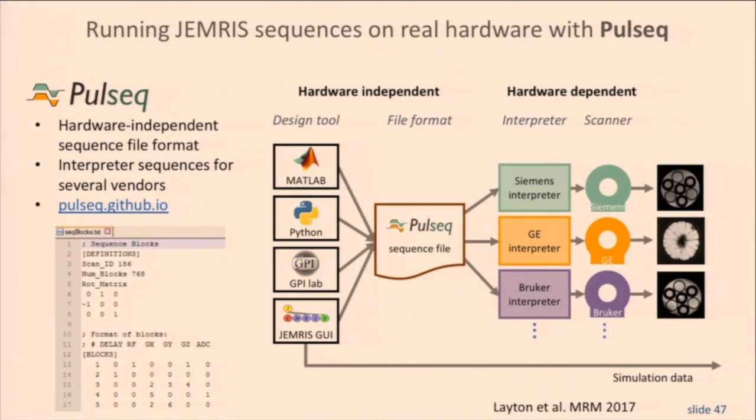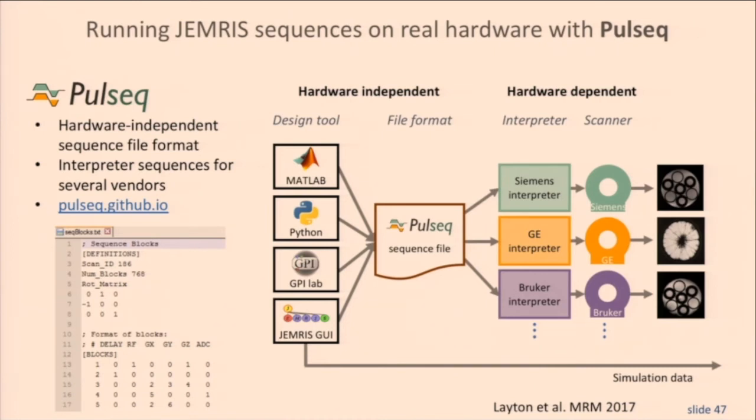The idea of PulseSec was to make MR sequences openly available, which is of course a very difficult task, because vendors like Siemens and Philips don't like it very much if their sequence programming environment is not freely available, but very much hidden from the users, and you typically have to sign special research agreements with the vendor.